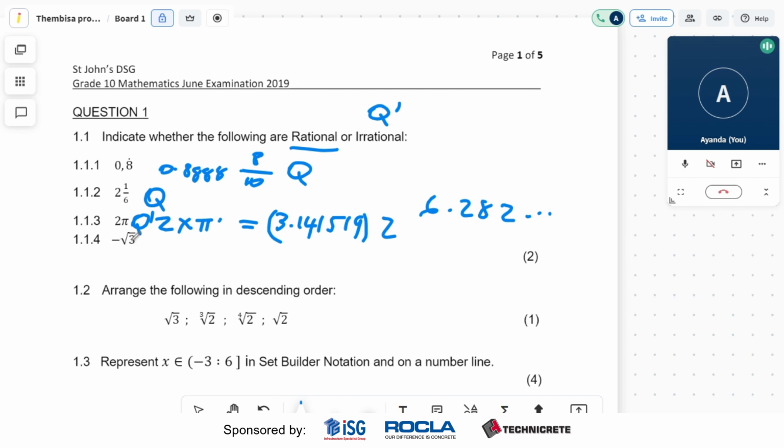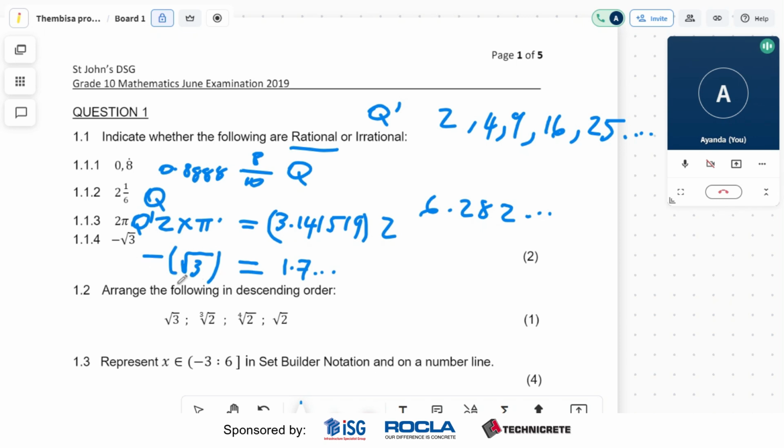What about negative square root 3? Well, negative square root 3 is just going to give us the negative of whatever the answer for square root 3 is. It should be about 1.7 something. So there isn't a recurring pattern because 3 isn't a perfect square. Perfect squares are numbers like 1, 4, 9, 16, and 25, etc., like we learnt about in grade 8 and 9.